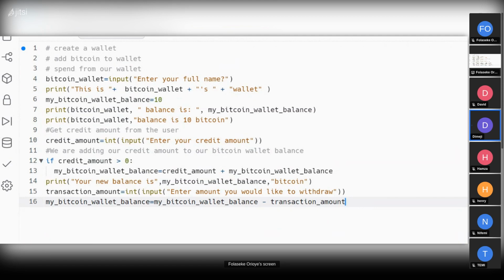On lines 12 and 13, we checked that the money the user wants to add to their account is greater than what? Greater than zero. Do you understand what I'm saying, guys? Yes, sir. So now, what we want to do is make sure that the money they want to spend is also greater than zero.